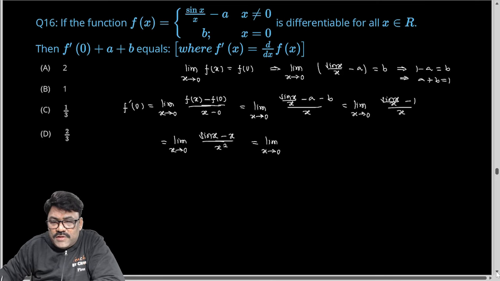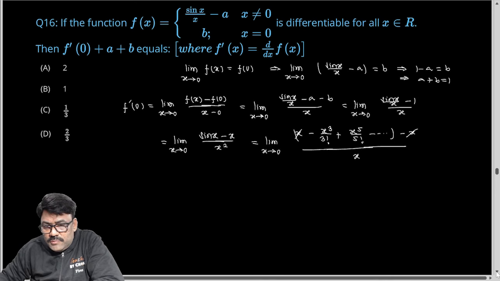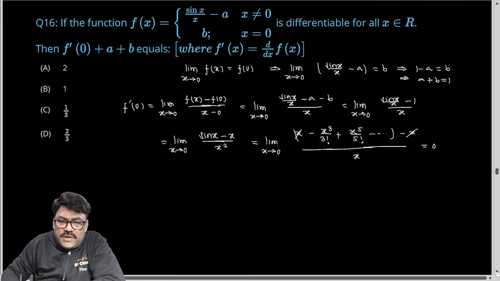Now if you expand sin x using the expansion formula, the expansion of sin x is x minus x cubed by 3 factorial plus x to the 5 by 5 factorial, keep on writing like this till infinity, minus x over x square. So this x cancels. One more x can be taken common from the numerator, so this x is also cancelled. Ultimately, this limit comes out to be 0. So hence, f dash 0 is 0.